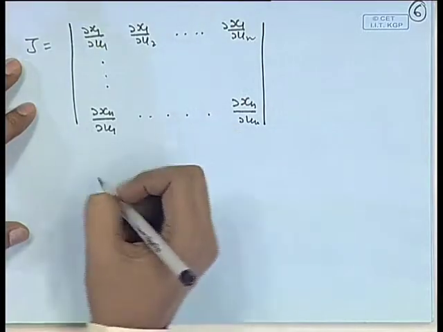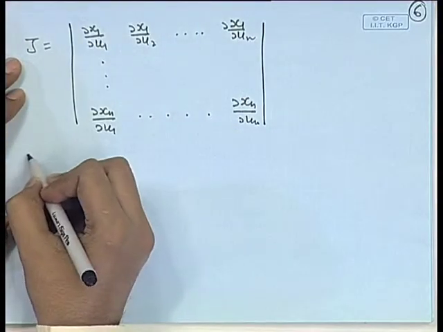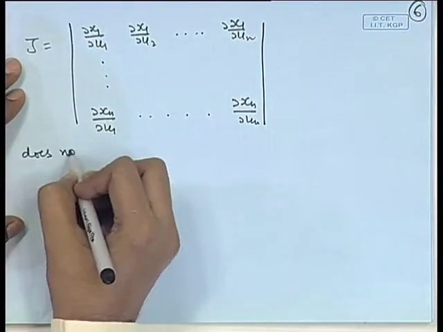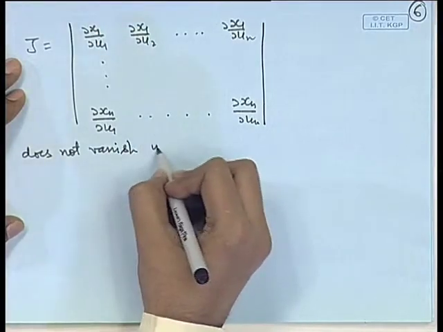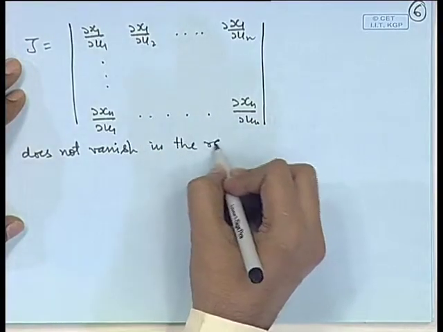Assume that this Jacobian does not vanish in the range of the transformation.